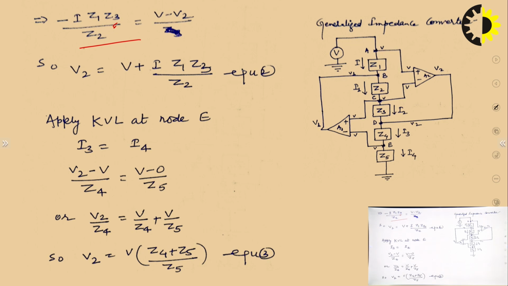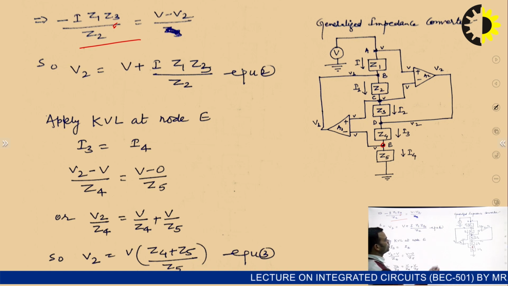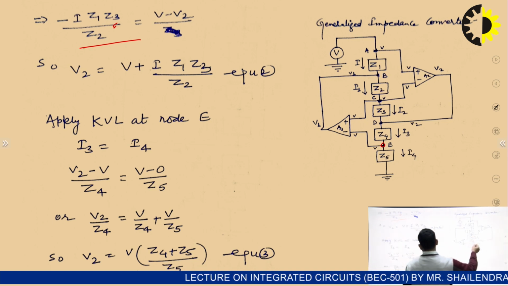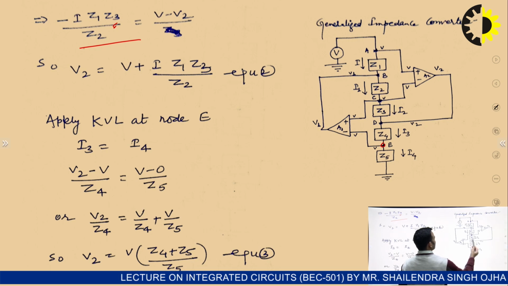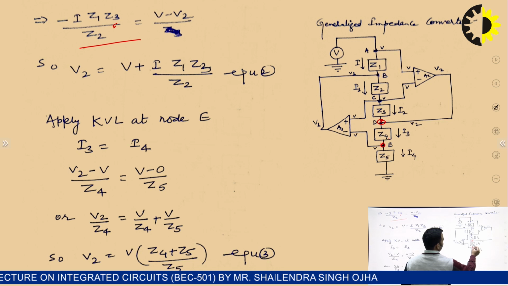Now, again apply KCL at node E, and you can simply say that I3 is equal to I4, and I3 is equal to V2 minus V upon Z4, and I4 is V minus 0 upon Z5.